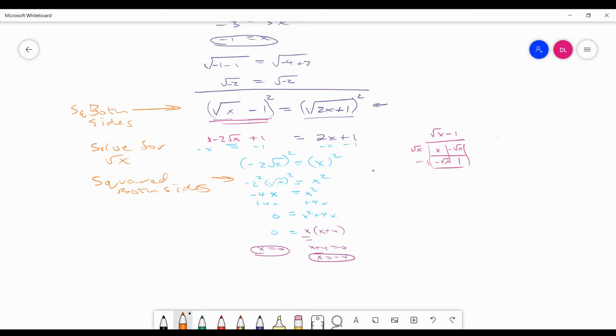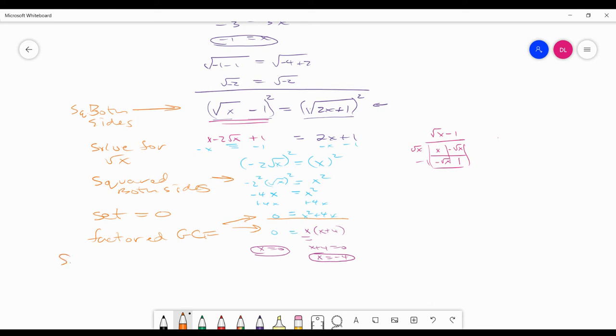And then I set it equal to 0, which is right here. And then I factored using the greatest common factor, which I did right here and right here.